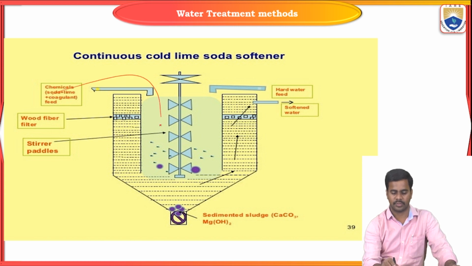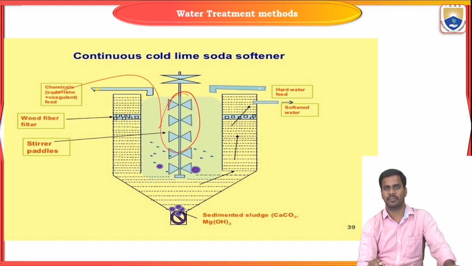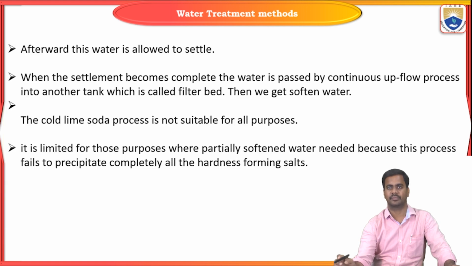Chemicals we have to add through an inlet, and there is a stirrer. So in this method, we pass water through continuous stirring. Stirring is nothing but mixing. Look, see what happened. Afterwards, this water is allowed to settle.